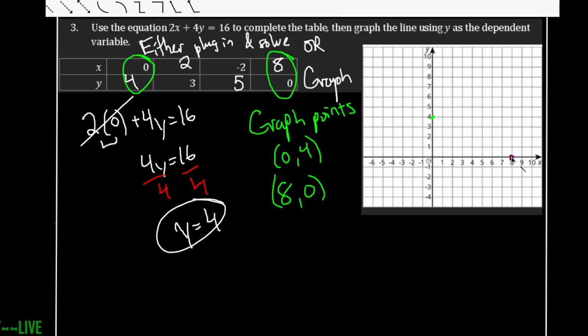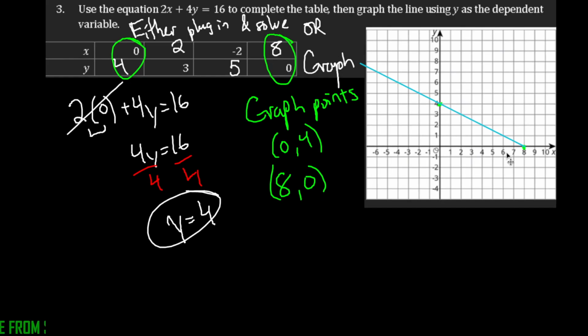Graph those 2 points. Once you have those 2 points, you can draw the line through those points. So let's say something like this. Let me try that again. Go through those 2 points, and let me extend it out on this one.